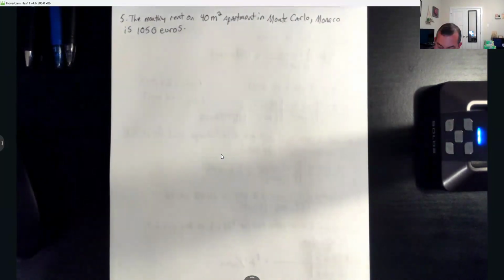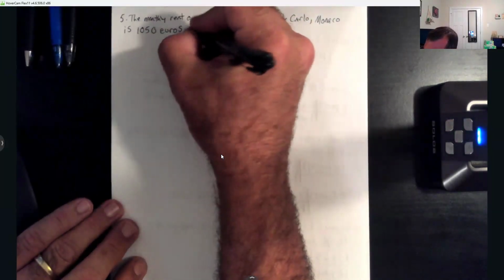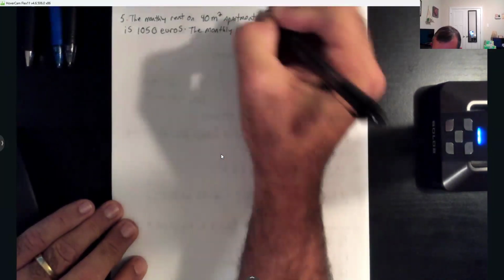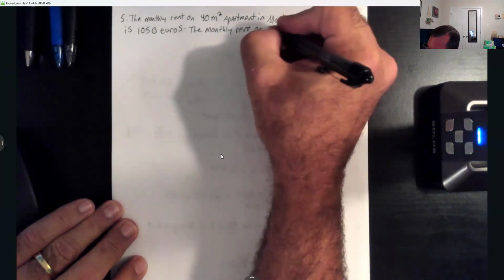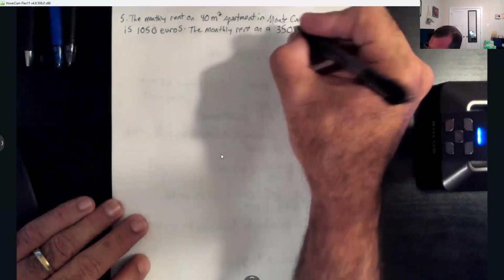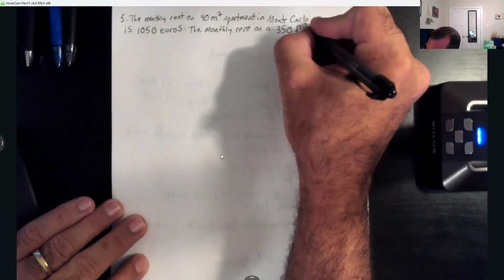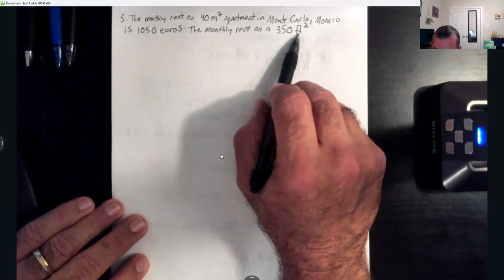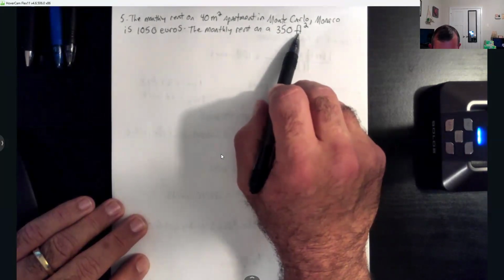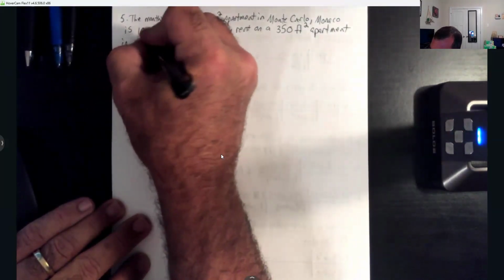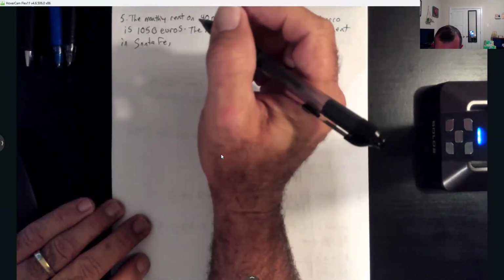Now they're telling me the monthly rent on a 350 square feet. So square feet would be feet with an exponent 2. This stands for square feet, in an apartment in Santa Fe. Oh, where's that?